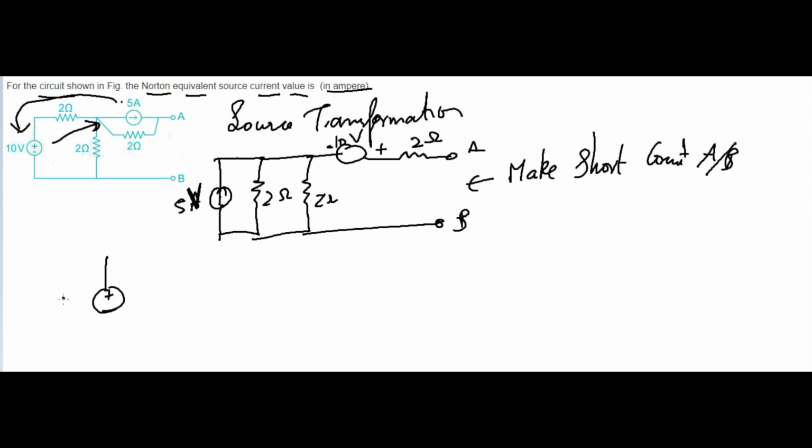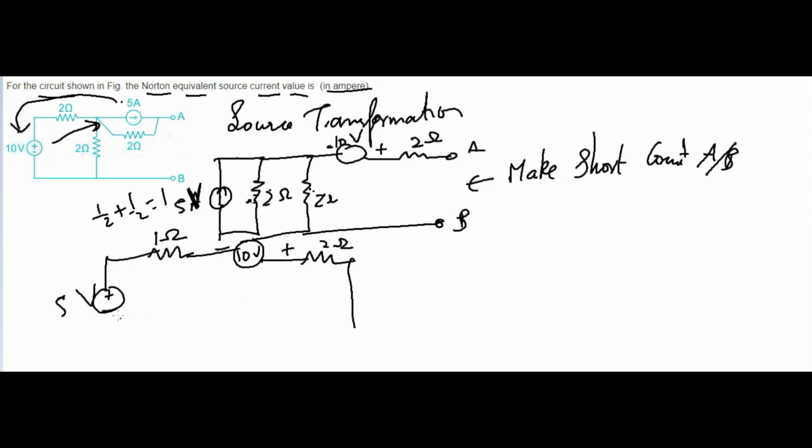So it's going to be 5 volt, and then 1 by 2 plus 1 by 2, so both resistors are in parallel, is it right? 1 by 2 plus 1 by 2 is going to be 1, so that one will be available here, no problem. Then this is a minus plus, a 10 volt, and then there will be a 2 ohm. Then you are making short circuit of A and B, so this is going to be a short circuit. Now this is a new diagram, a new circuit.